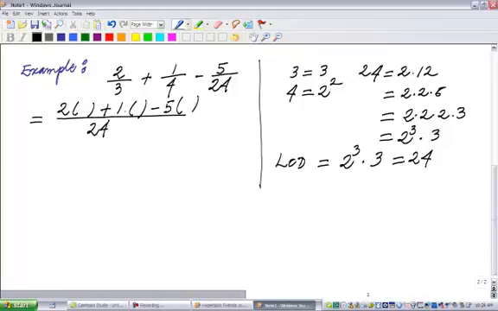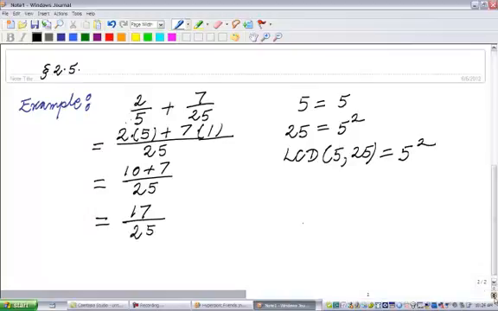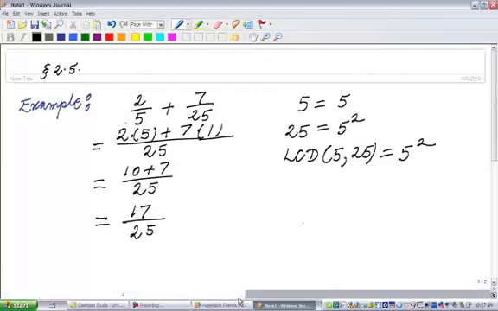I divide 24 by 3. 24 divided by 3 is 8. What is 24 divided by 24? Oh, it's in this one. Sorry. Okay, so here I divide 24 by 4. I get 6, right?